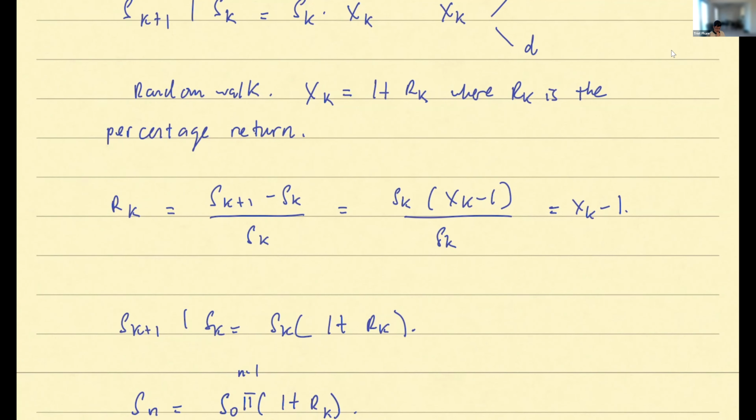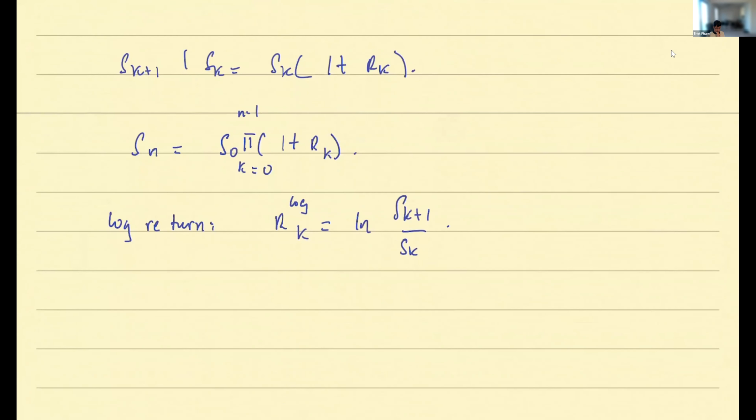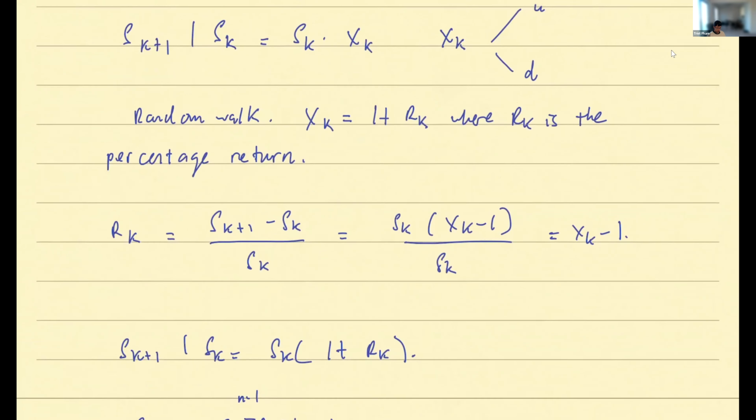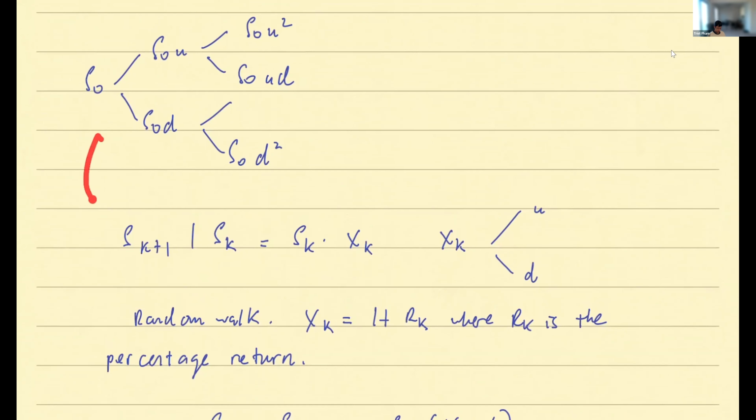Okay. So maybe let me say this. In doing this stochastic model, what are you trying to say? You're trying to say that, taking this guy right here, S(k+1) is Sk, the stock price in the next time period is the stock price in the previous time period times this magic random variable, which is 1 plus Rk.